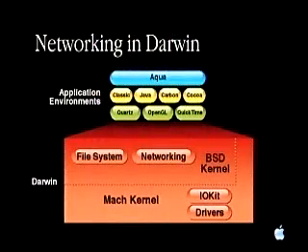This is the picture that you have probably seen many times by now. Networking in Darwin is part of the BSD kernel. I think it's always interesting to say that there are really three parts in the kernel in Mac OS X. You get the BSD subsystem, which has a lot of the APIs, such as sockets, which we'll talk about later, and the file system.